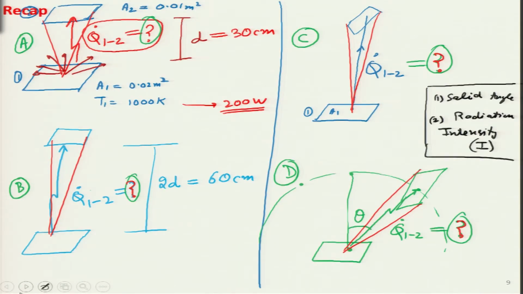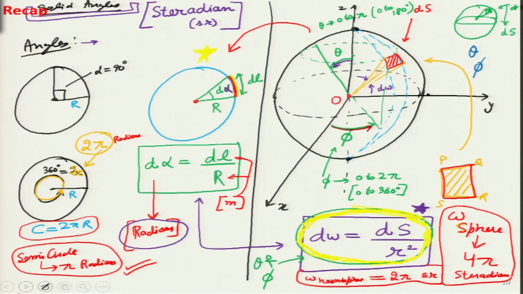Then I introduced a new topic which will be very important today. So, I looked at certain cases, which we will look at today. We looked at the fundamentals of solid angles, represented by the symbol omega, and for a whole sphere that value turns out to be 4 pi, as given on the bottom right hand side.